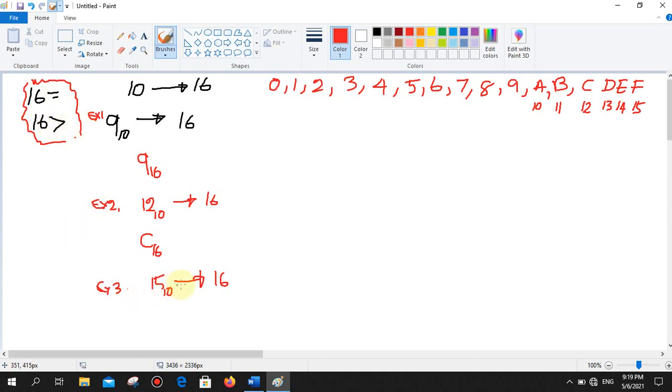So then we'll check in the hexadecimal range whether we have 15 in there. Yes. So instead of 15 we need to write letter F. So then I will write F, and don't forget to write 16, the base, here. If you forget to write it, the answer will be wrong. Right, we'll get another example, example 4.